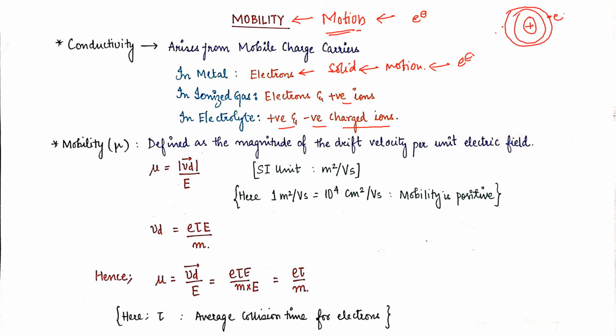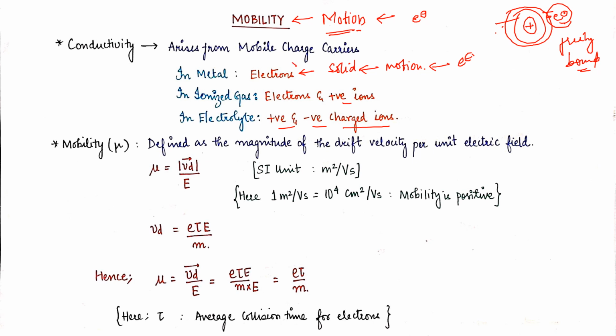In the outermost shell, these electrons are less bound, or freely bound. Once we apply the electric field, these electrons get enough energy to exit the orbital structure and be free, and show the motion. So these are the solids, and this kind of motion is shown in the metals.